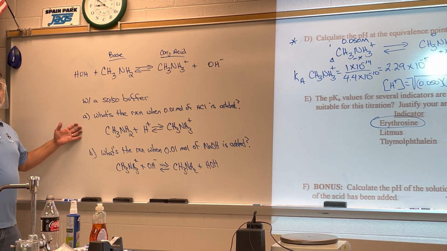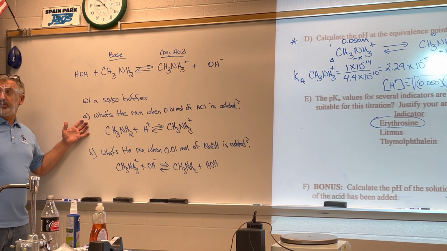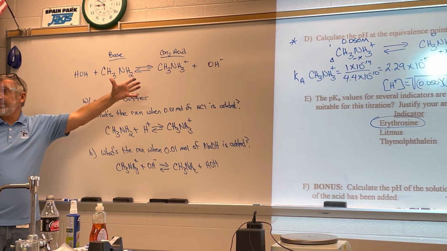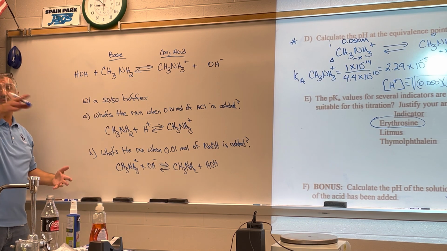So we need to be able to know that when you have a buffer, if you add acid, it reacts with the base. If you add base, it reacts with the acid. And just write the equations one way or the other.